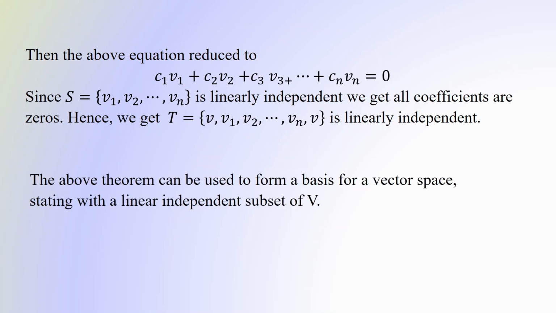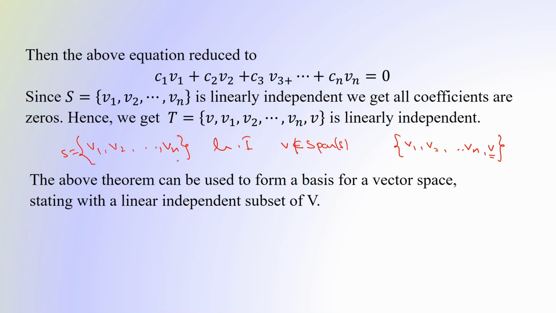Now, what we have seen is that if v1, v2, ..., vn is linearly independent, and if we have any vector which does not belong to the span of S, then we can form another linearly independent set containing this new point v.